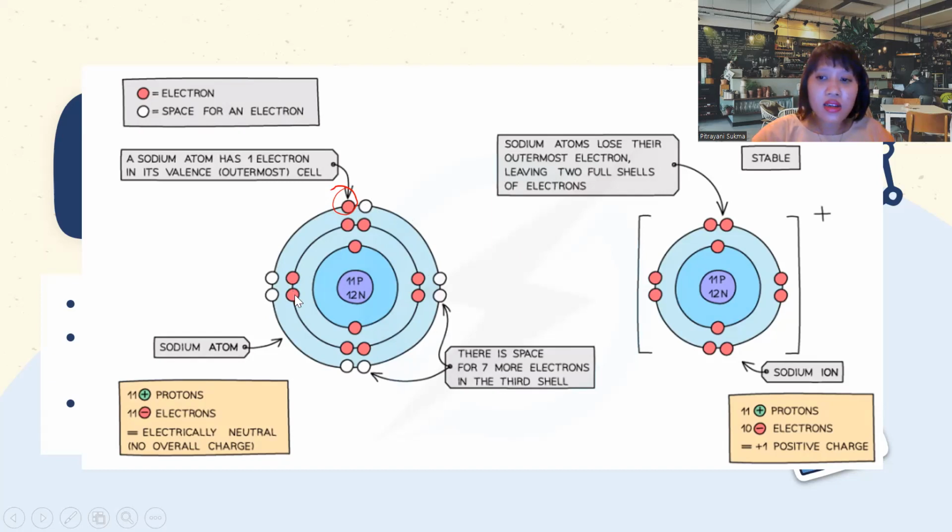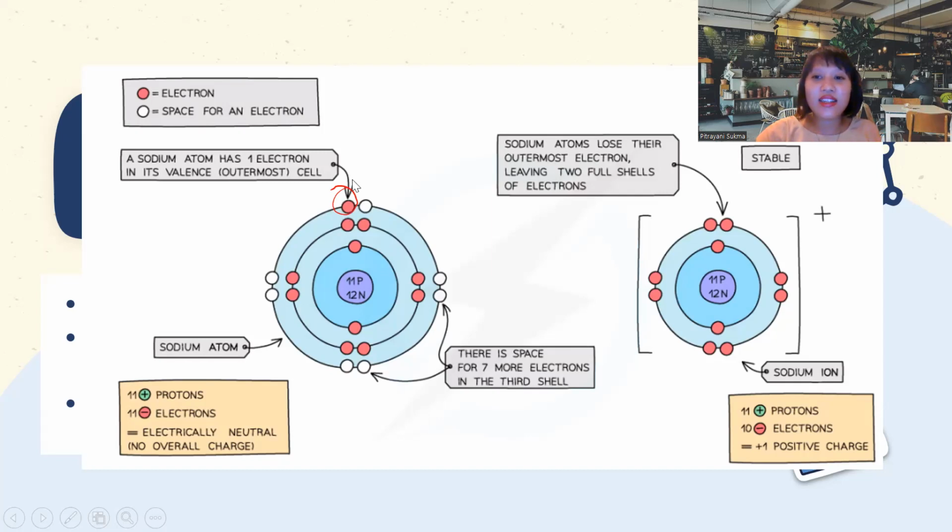But definitely it is hard to gain 7 electrons when they have only 1 electron. So the easiest way for sodium to become stable is by losing, or releasing, the 1 electron.